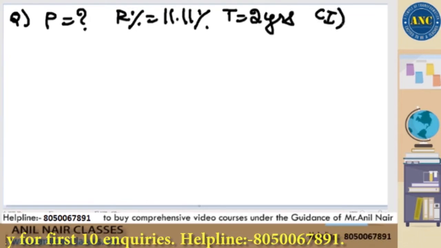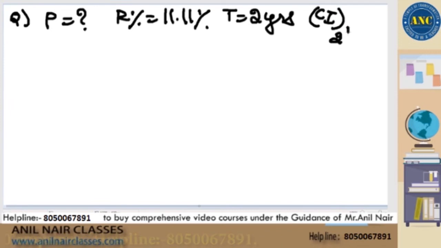Compound interest not for 2 years, only for the second year it is given as 70. CI for the second year is 70. Find the principal. Listen carefully, beta.